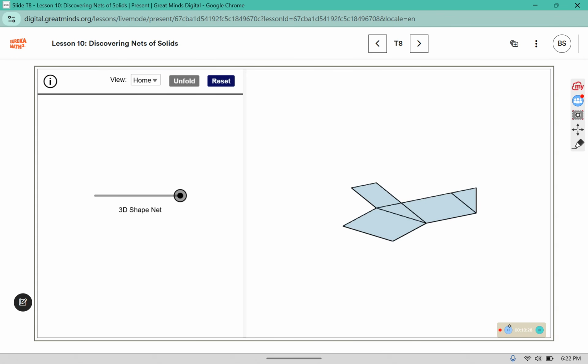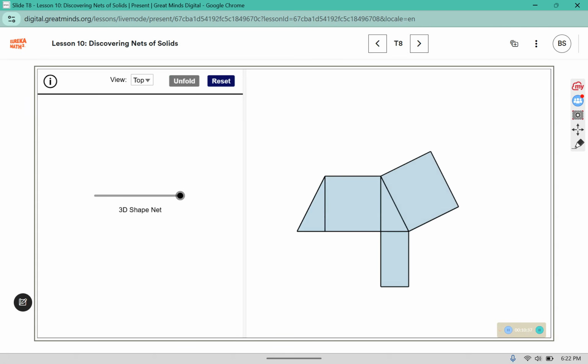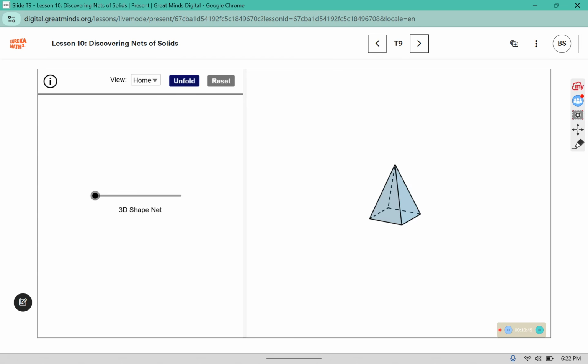There are 2 triangles and 3 rectangles. Here is a pyramid.